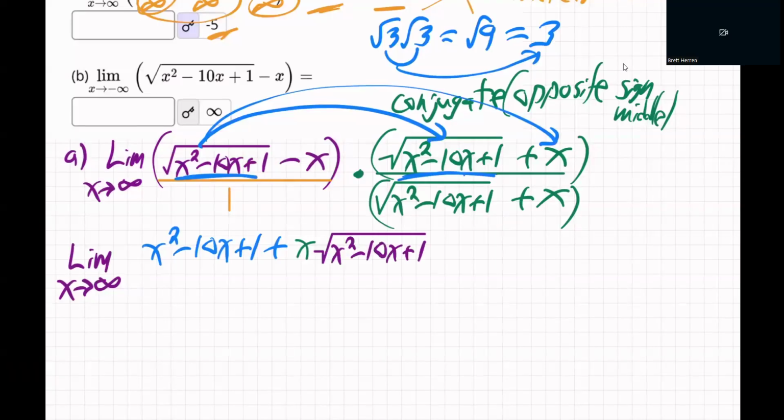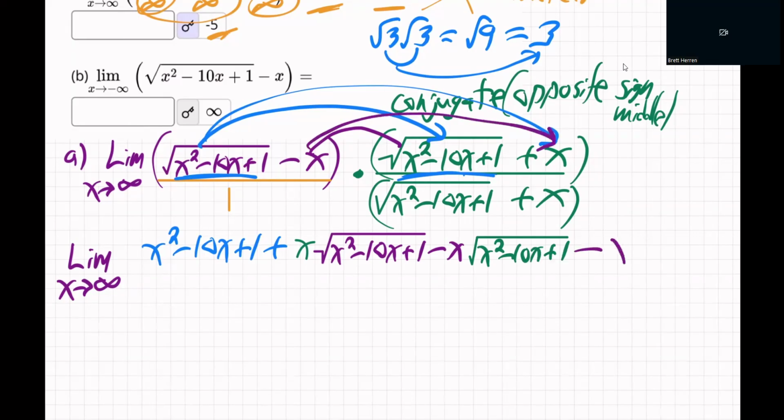They multiply. And now it's this guy's turn. He's going to go boom. So that'll be minus x, and we'll have the root of x squared minus 10x plus 1. And then finally, it'll go there, minus x squared, all over. What do we do on the bottom? On the bottom, don't do anything. Just 1 times this.